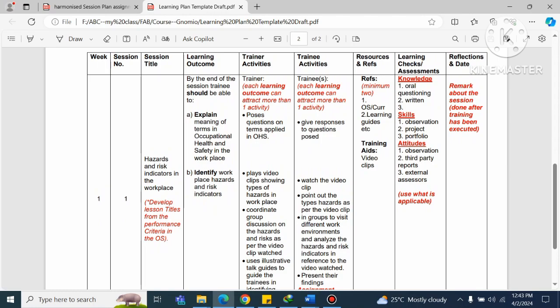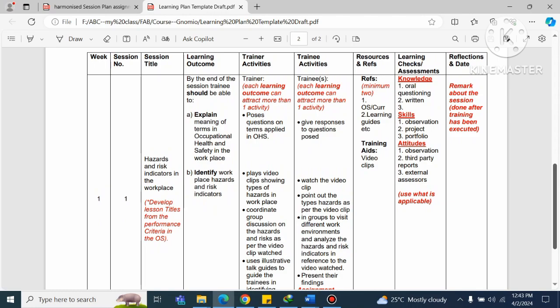Then trainee activities: each learning outcome can attract more than one activity. Give responses to questions posed. So they map: if the trainer is posing questions, then the trainees are expected to give responses to the questions being posed.